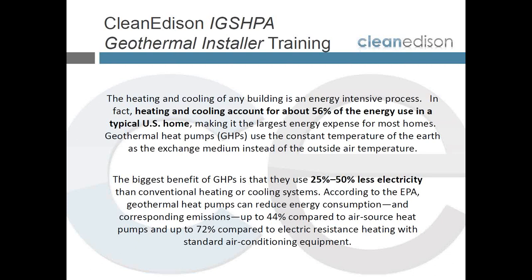The biggest benefit of GHPs is that they use 25% to 50% less electricity than conventional heating or cooling systems. According to the EPA, Environmental Protection Agency, geothermal heat pumps can reduce energy consumption and corresponding emissions up to 44% compared to air source heat pumps, and up to 72% compared to electric resistance heating with standard air conditioning equipment.